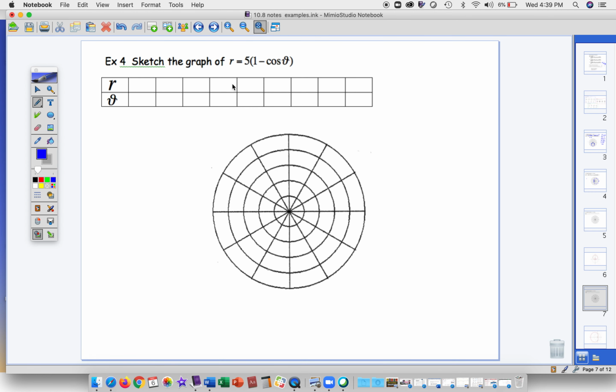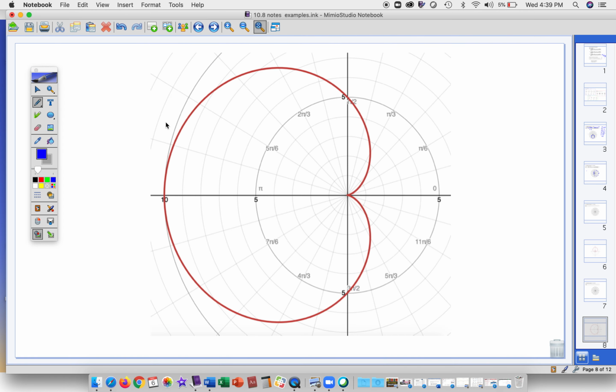The next one, 5 times 1 minus cosine theta. So go ahead and try this one. When you're done, come back and we'll compare sketches again. Okay, another limaçon. And see how it has that symmetry with the polar axis.